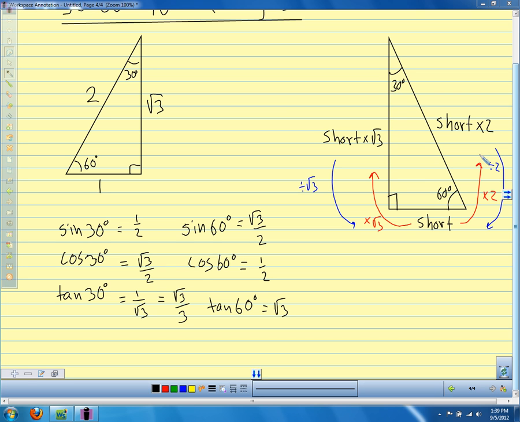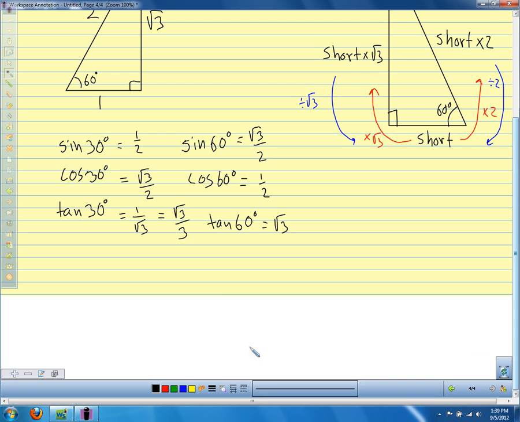And the way that we can write that, this relationship between the complementary angles, is that the sine of 90 degrees minus theta equals the cosine of theta. The cosine of 90 degrees minus theta is the sine of theta.